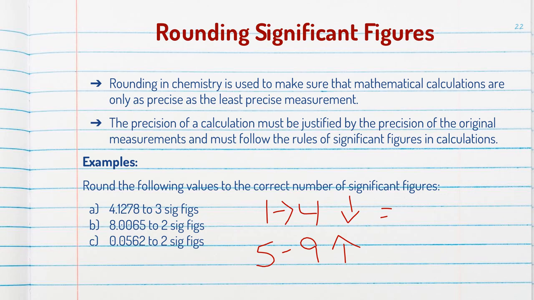So it's 1, 2, 3, right there. I'm going to truncate the number here, and I'm going to look at the number right of my line. That number is higher than 5, so I'm going to round up.